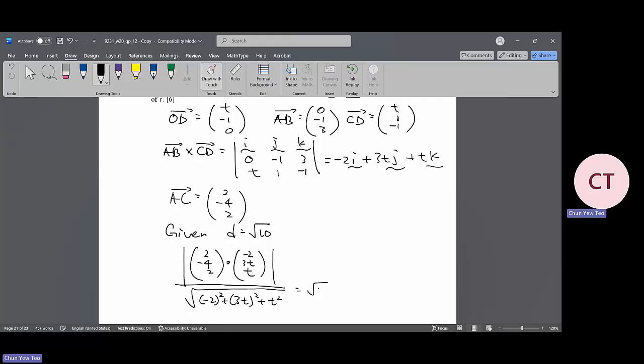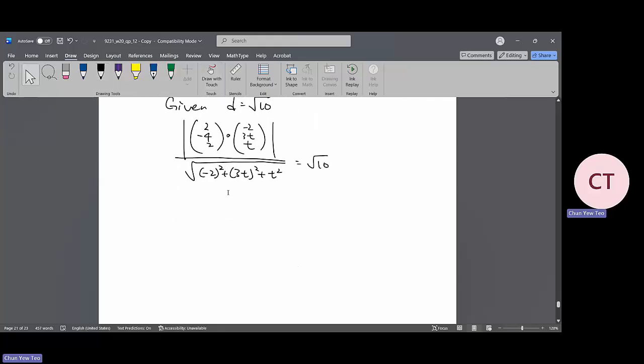It will equal the certain value. Okay, so this is the formula. We just memorize it. Then if you expand them, you get the modulus of -4 minus 12d plus 2d is equal to square root 10 multiplied by 4 plus 10d squared.